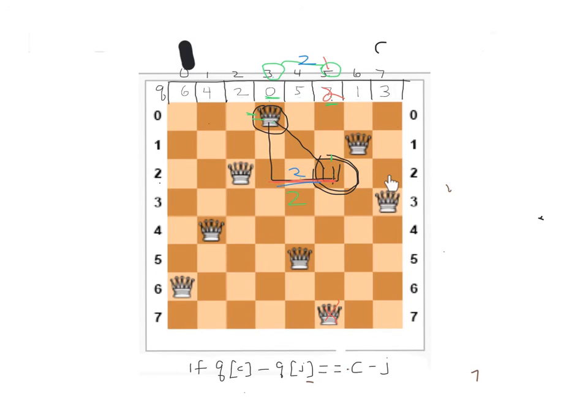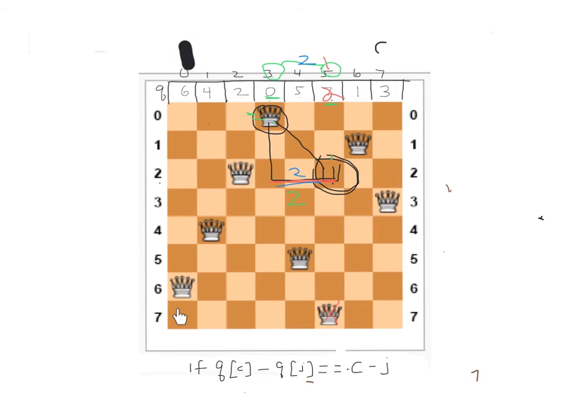But let's say, instead of there being a queen in column 1 in 6, there would have been a queen in column 1. Well, I couldn't have a conflict between these two because it can't reach, there is no diagonal. But for any of these things, for example, this one has no diagonal conflict here. But if there would have been a queen here in 7, then the one in column 6 and the one in column 0 would conflict.